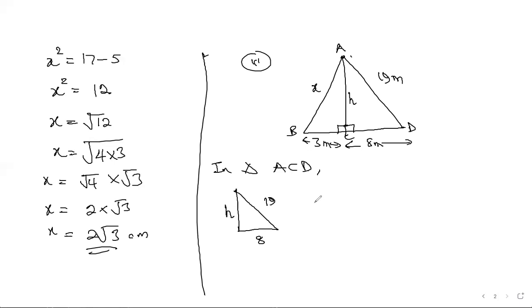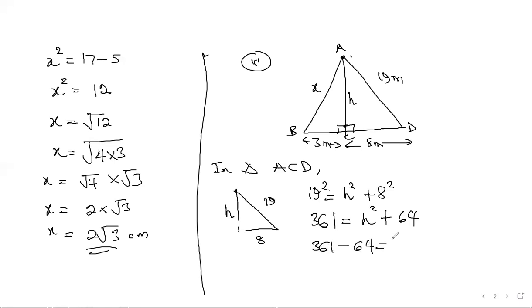If I apply Pythagoras theorem to this, then I'll have square of the hypotenuse equals square of H plus square of A. So 19 squared will give you 361, and 8 squared is 64. So we have 361 minus 64 equals H squared.